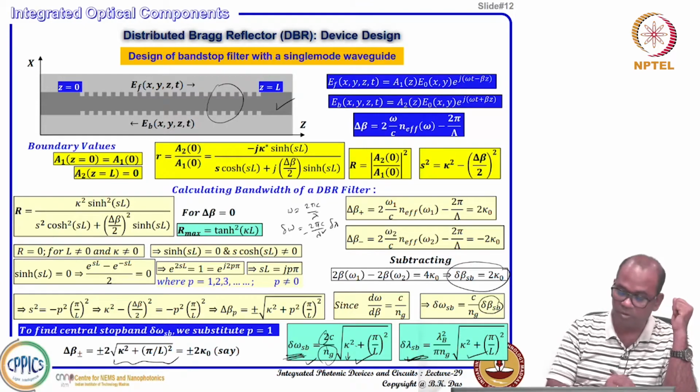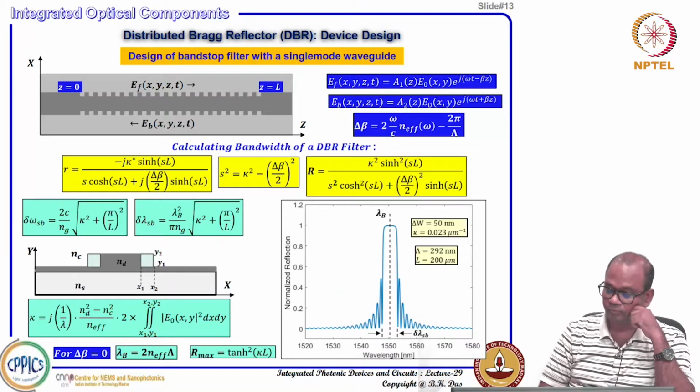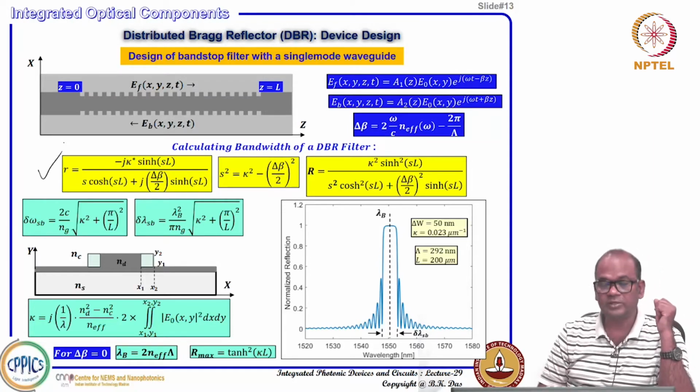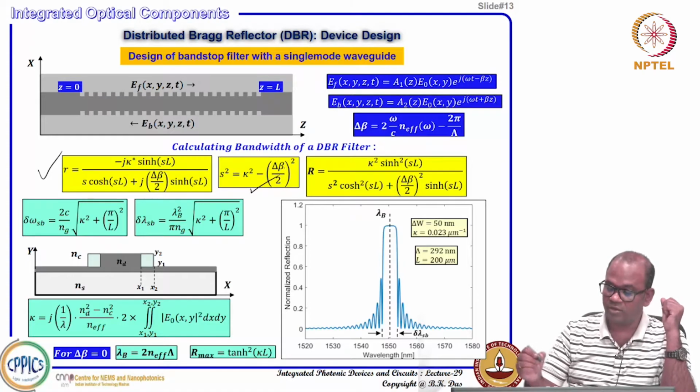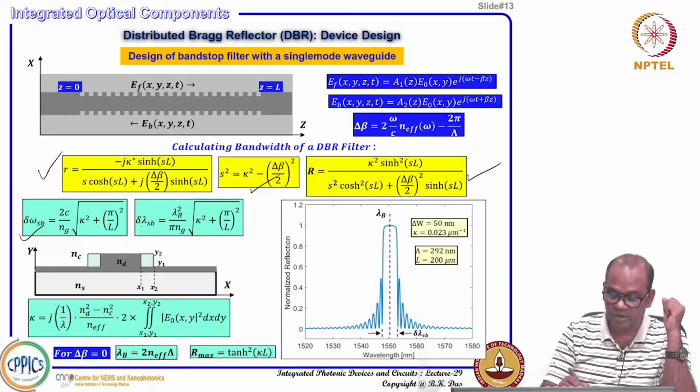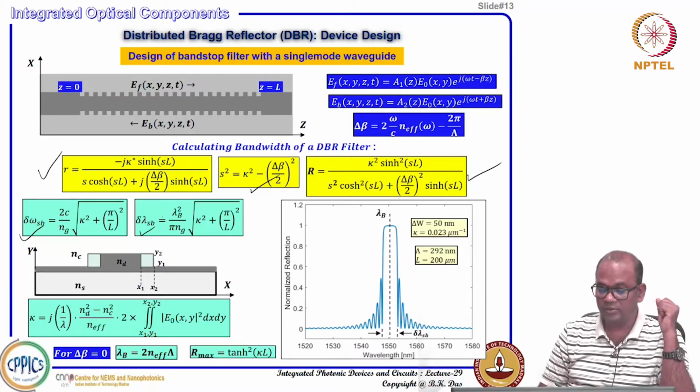So, let us go for a certain example. As I mentioned, I repeated the amplitude reflection coefficient, S square defined as power reflectivity, and then the stop bandwidth in terms of angular frequency and the stop bandwidth in terms of wavelength I know.